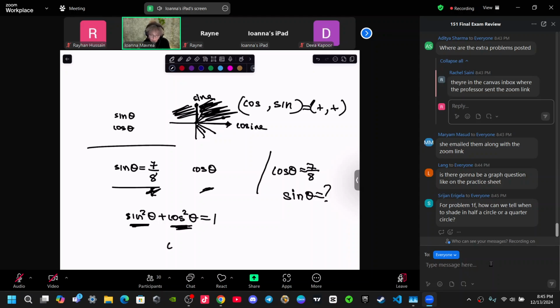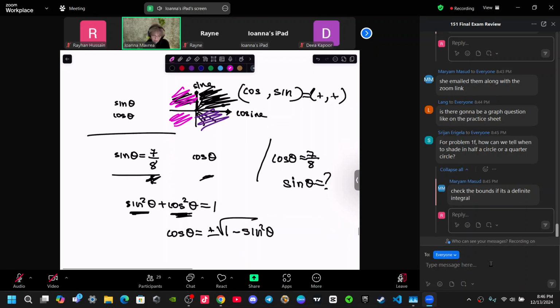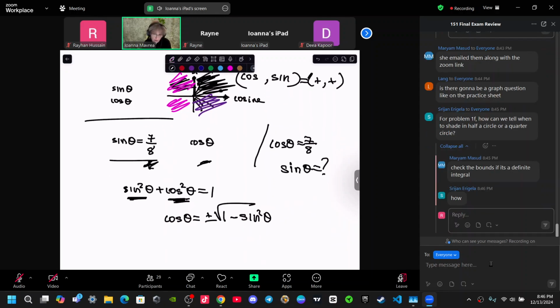But notice if I solve for cosine, the answer won't be just the square root of 1 minus sine squared. The answer will be plus or minus. So I really need to know, is it plus or is it minus? Somebody has to tell me what quadrant I'm in. If I know I'm in the first quadrant, cosine is positive. If I'm in this quadrant, cosine is also positive. But if I'm in this quadrant or this quadrant, cosine is negative. Right? So you should be able to do that.